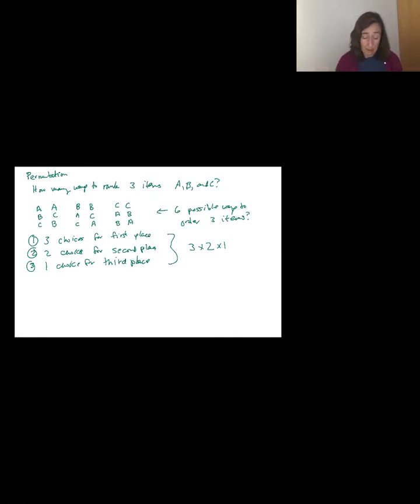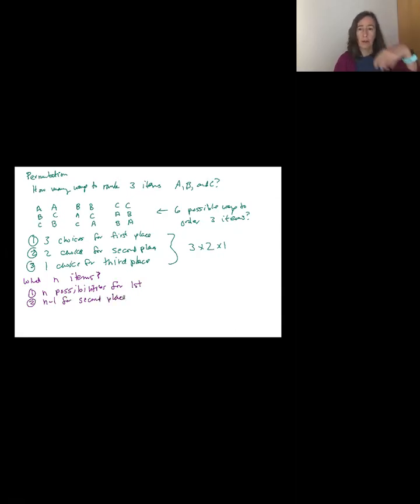And if we had a bigger number, what about n items? It's the same deal. There's n possibilities. Each one of those n items could be ranked first. Given that, then there's n minus 1 left for the second place.